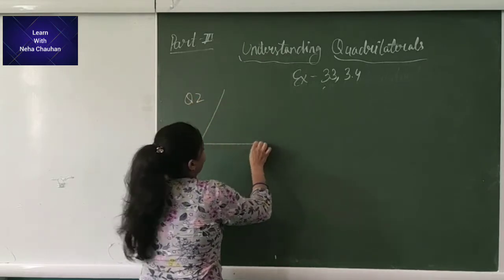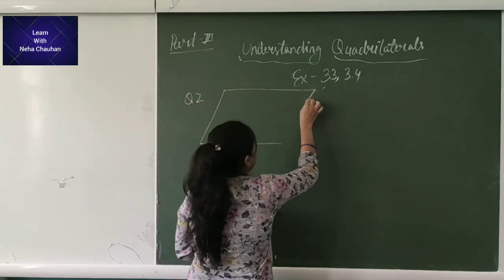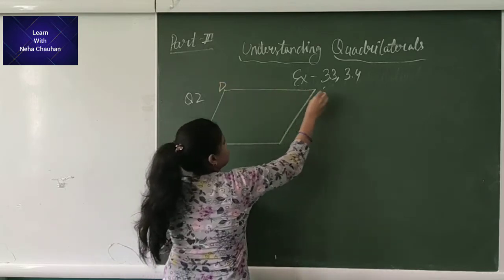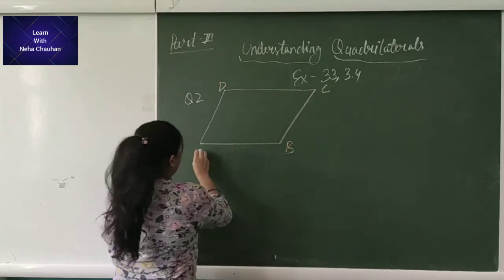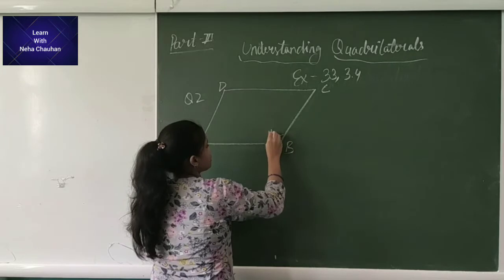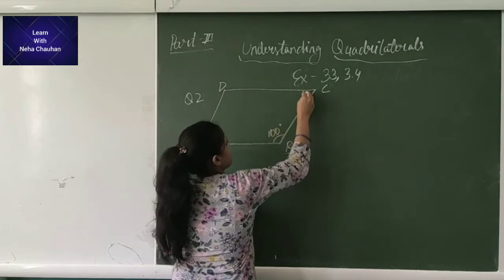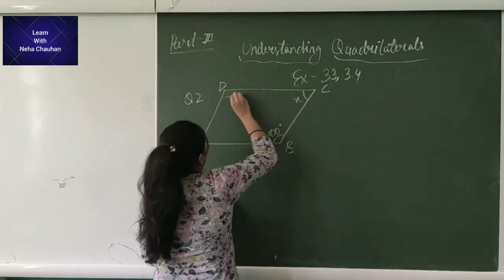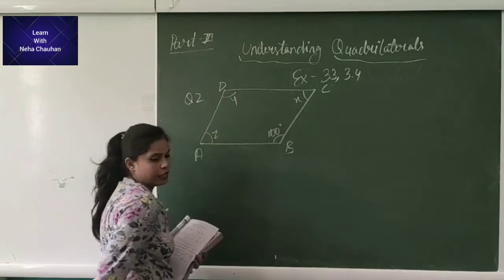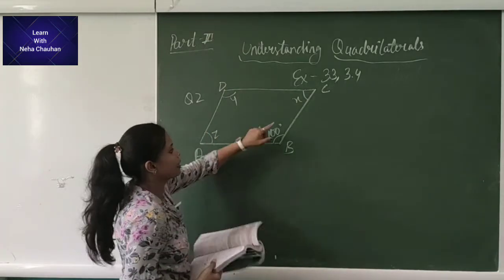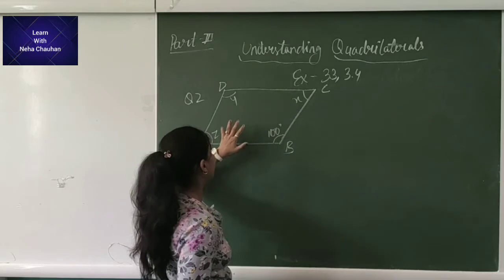We have a parallelogram. This angle is 100 degrees, this is x, this is y and this is z. Alright, we need to find the value of x, y and z.